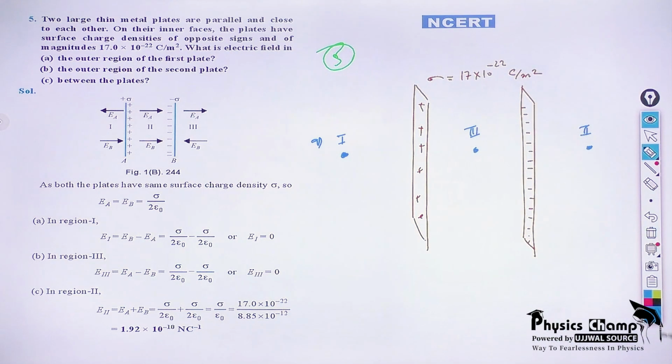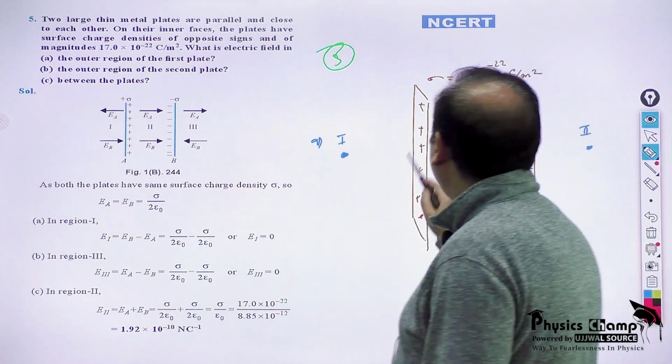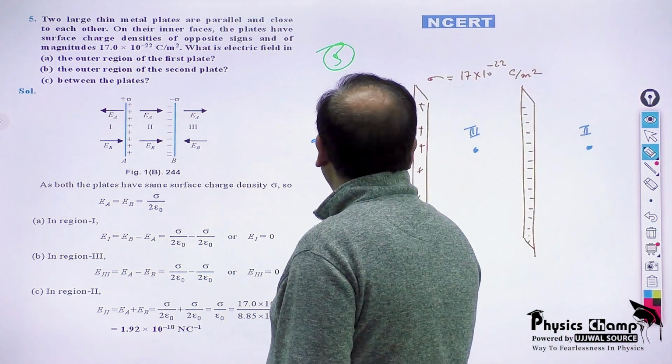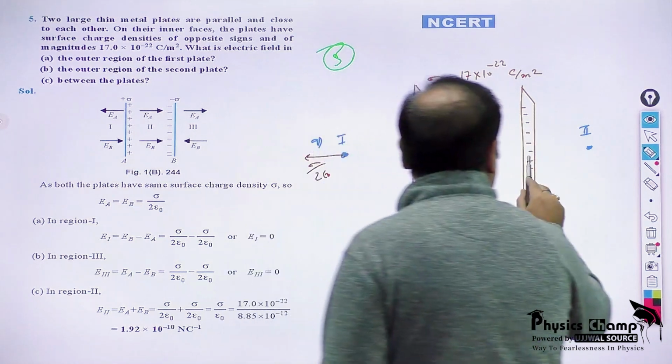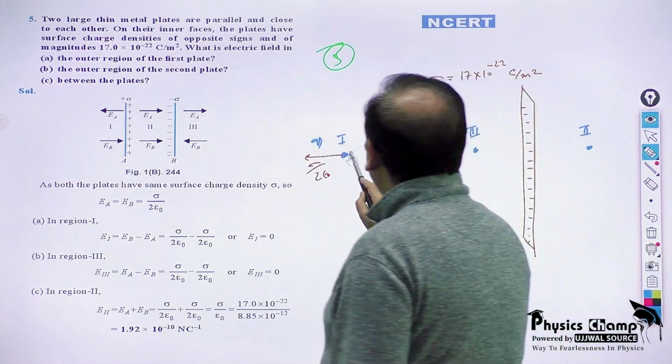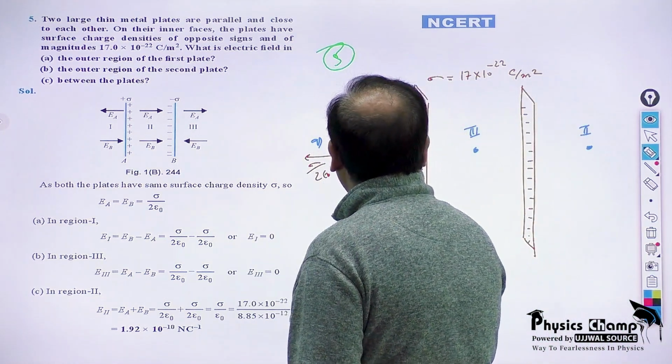So if I am going for the electric field in the first region, it will be sigma by 2 epsilon naught due to the positive plate, and sigma by 2 epsilon naught due to the negative plate. So the electric field here will be 0 in region 1. Similarly, the electric field in region 2, due to this one, will be sigma by 2 epsilon naught, and due to the negative charge, sigma by 2 epsilon naught.